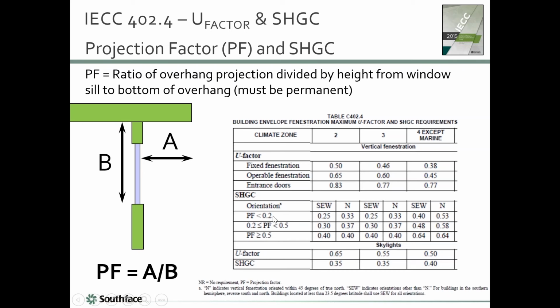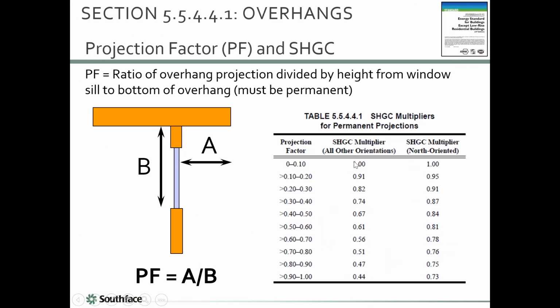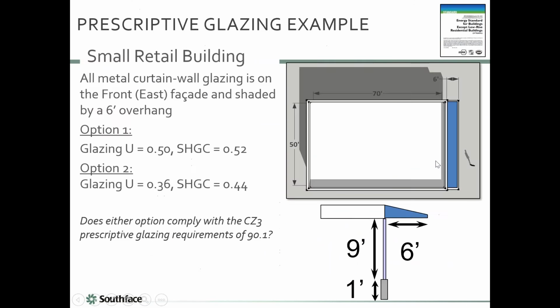And you either have small overhangs, small projection factor, that's basically no credit. Medium, you get a little bit of credit, and large, you get a little bit more credit. But your glass solar heat gain would have to meet these requirements, and that depends on the orientation, south, east, or west, or north. And ASHRAE has the similar thing for all orientations except for north. So same kind of setup there.